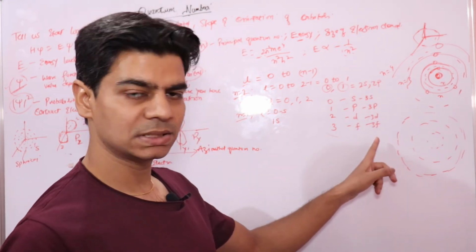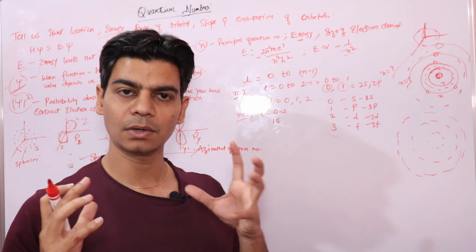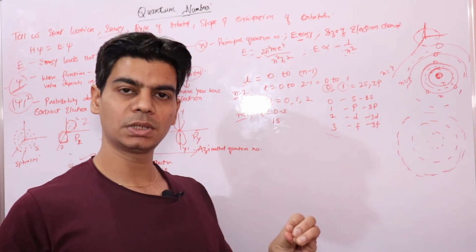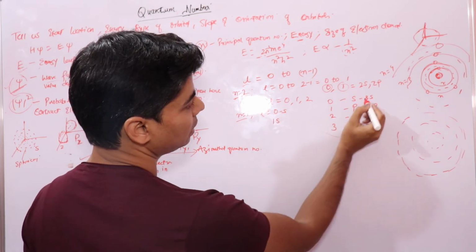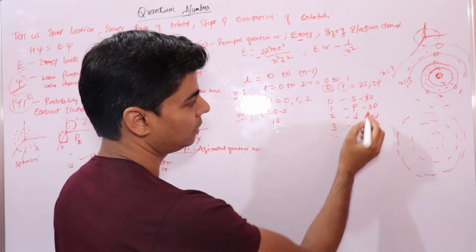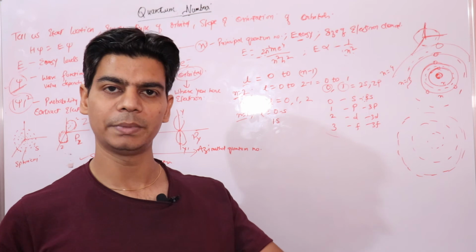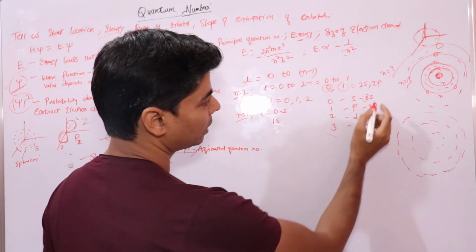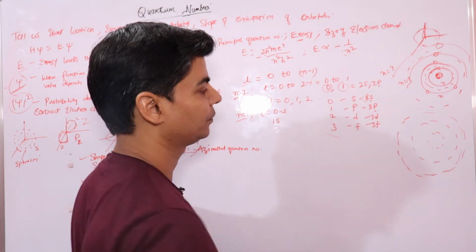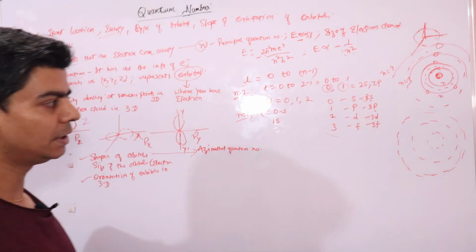To represent an orbital, you put the number corresponding to the energy shell first. Like here we have n equals 3, so we put the number of the shell, 3, first, then the orbital, s, p, d. For example, first we mention 3d orbital.